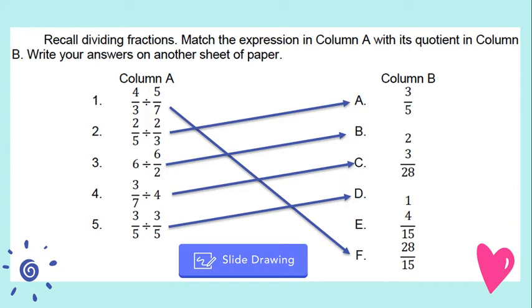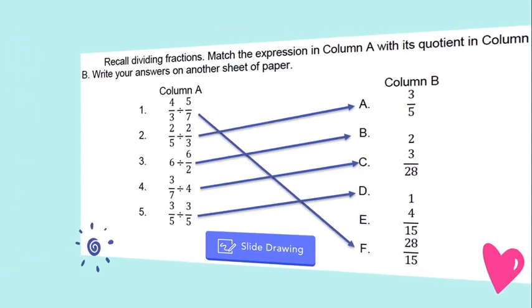So how did you get the quotient in dividing fractions? If you're going to recall, we get the reciprocal of the divisor. So what is the reciprocal? When we say reciprocal, we put the denominator in the numerator and the numerator into the denominator.